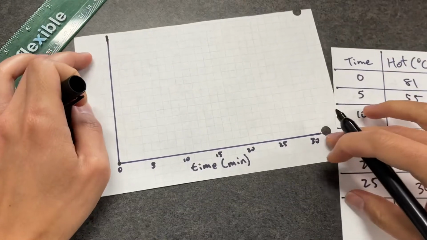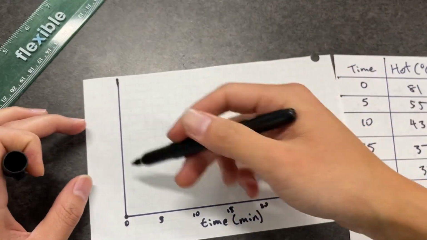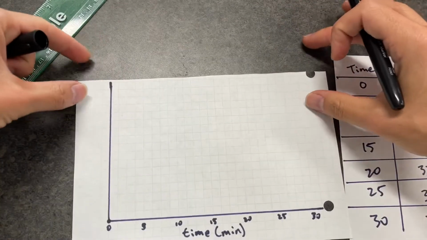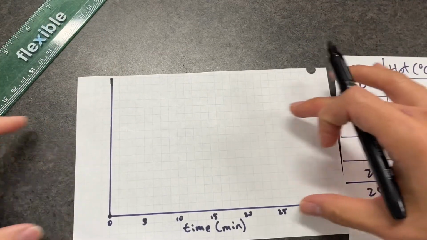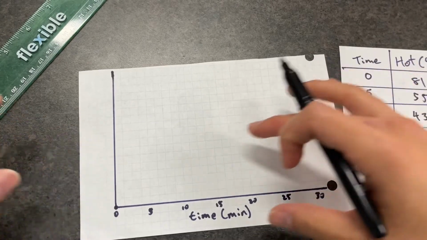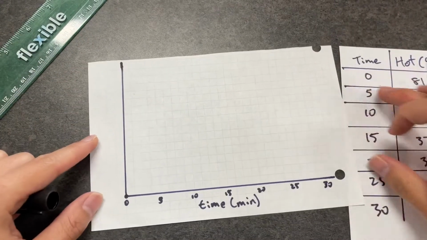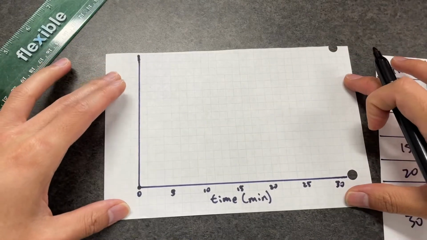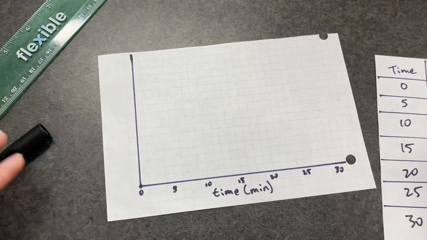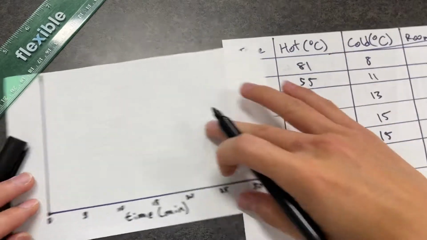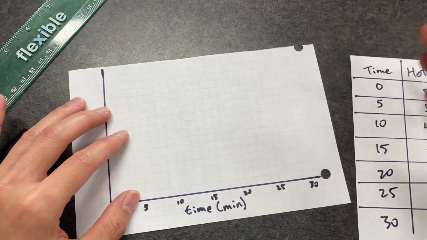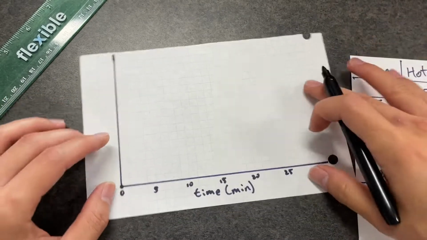Now, if you have different graph paper, then your squares might be a different size, or if you were able to cut out a little bit more or shift your axis a little bit to the left or up or down, then you might have more space. But for me, the way I have my graph paper here and the way I'm drawing my axes, I do want all of my data to fit neatly onto this graph paper. I don't want my graph to be too small, or of course, if it's too big, the data won't fit on the paper.